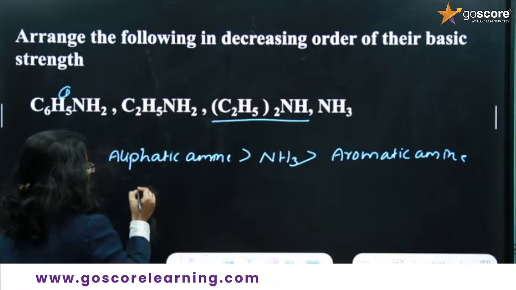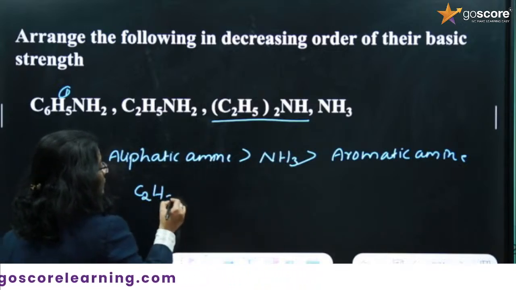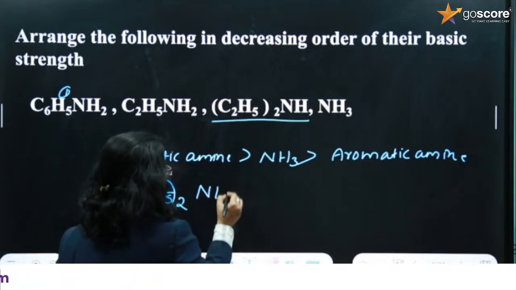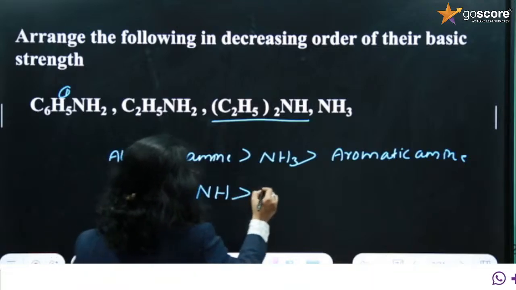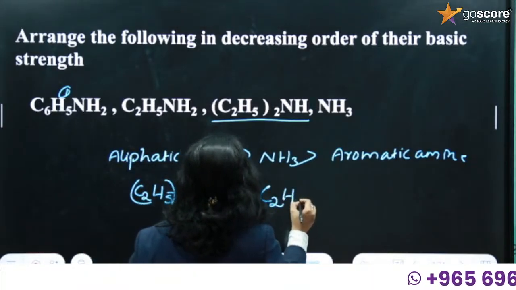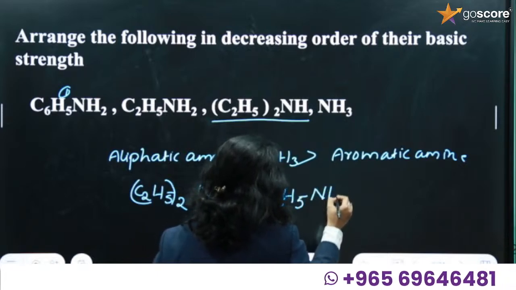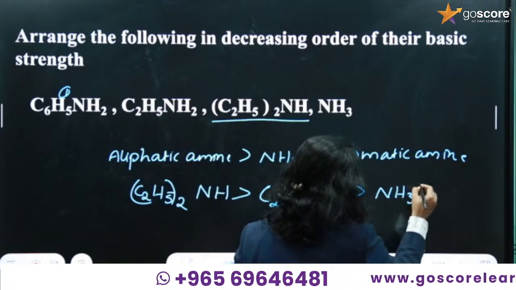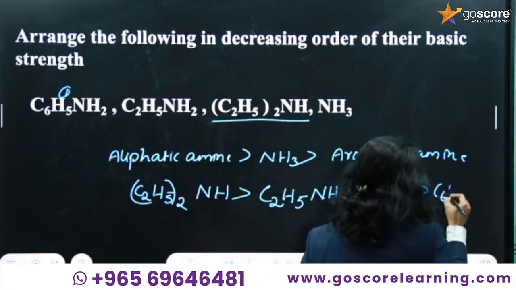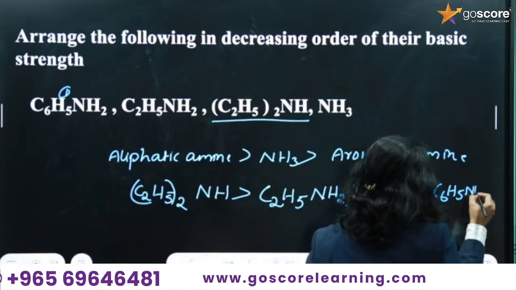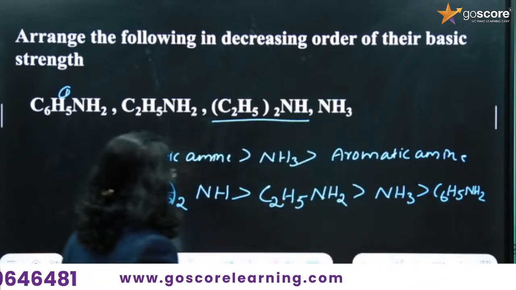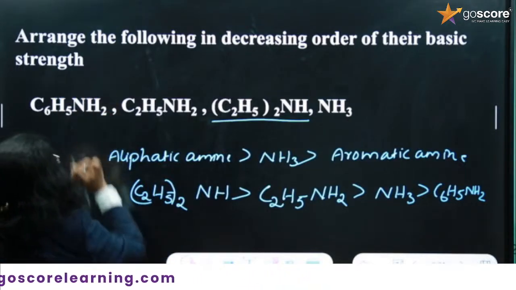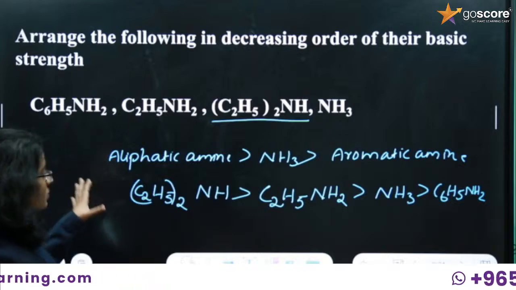secondary amine, that is C2H5 NH C2H5, greater than C2H5NH2 ethanamine, then ammonia, then C6H5NH2. So this is the decreasing order of their basic strength.